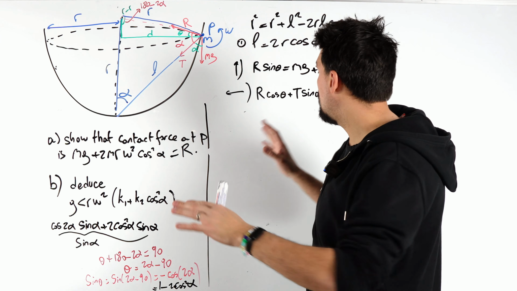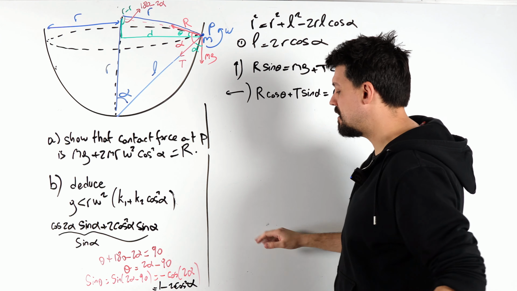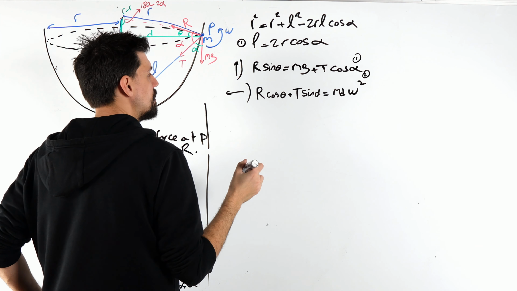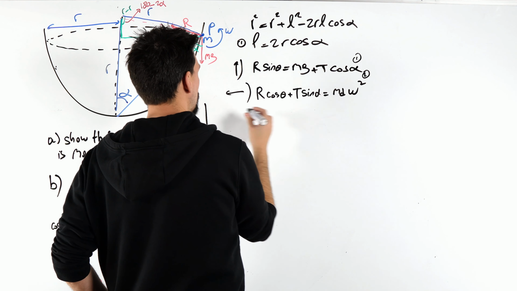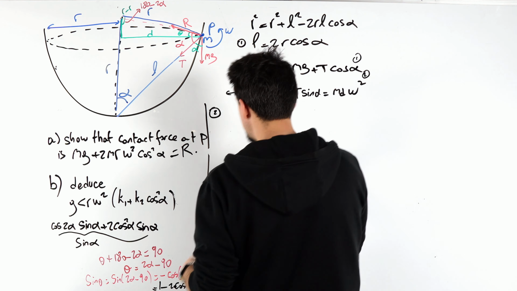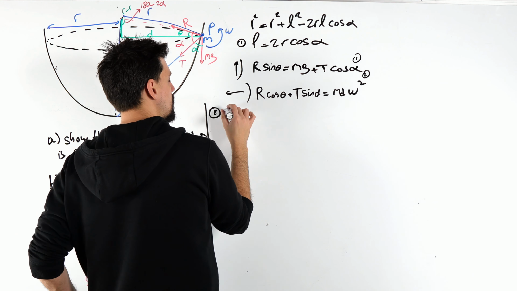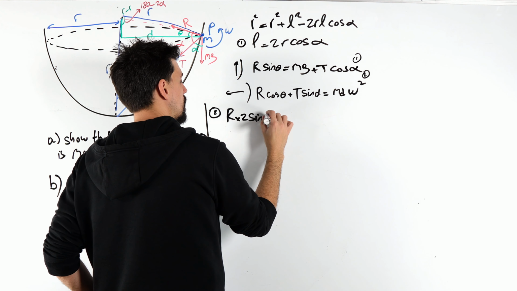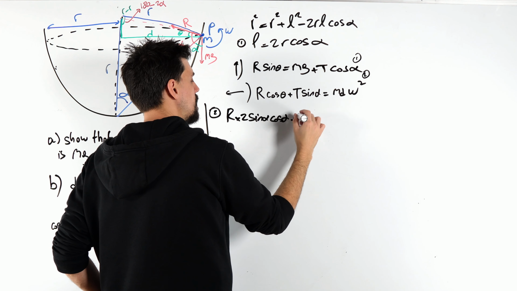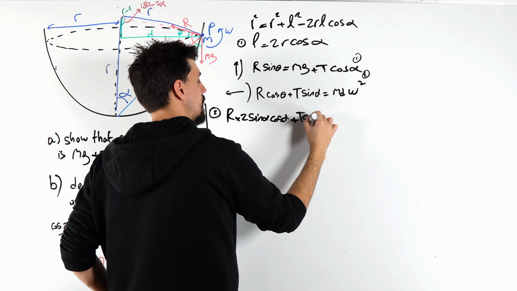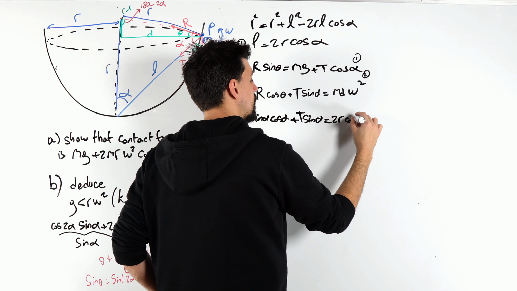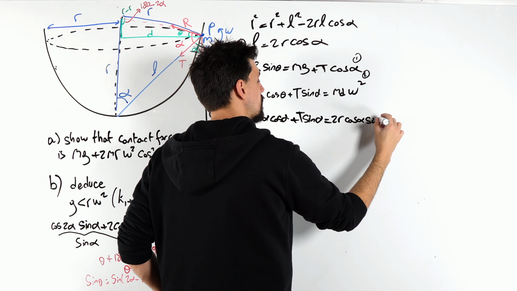All right, rewind. After a little bit more thought, I've just got too many sine alphas and cos alphas going on. So instead, we're going to have a little look-see at equation 2 here. Because in fact, remember, cos theta was sine 2 alpha, so that is r times 2 sine alpha cos alpha plus t sine alpha. And d was 2r cos alpha sine alpha.